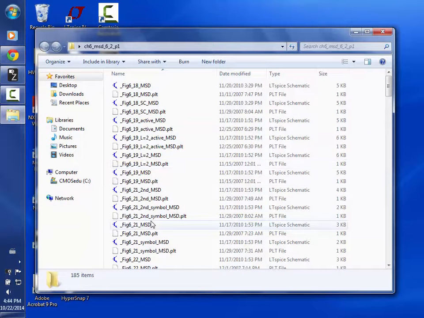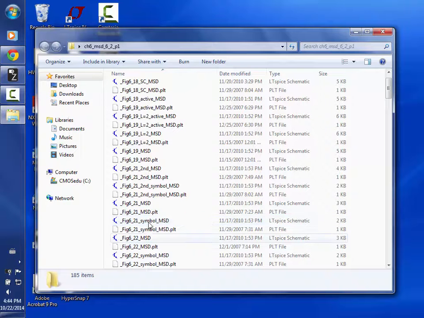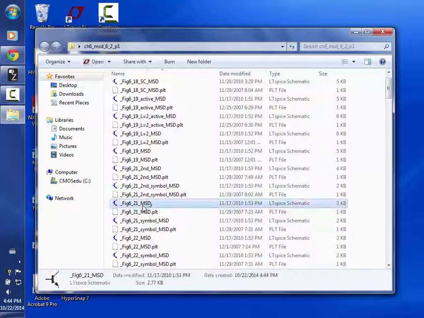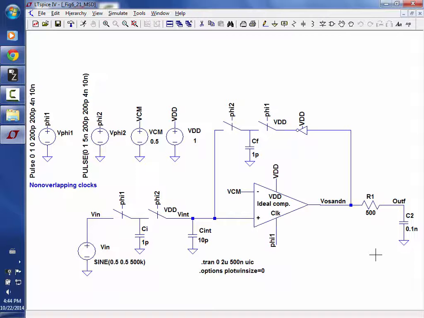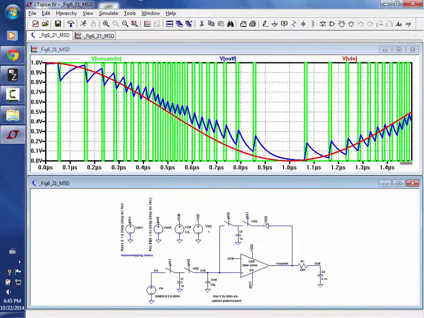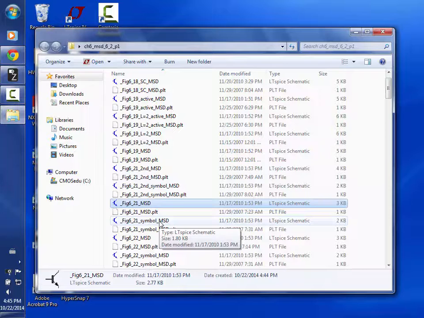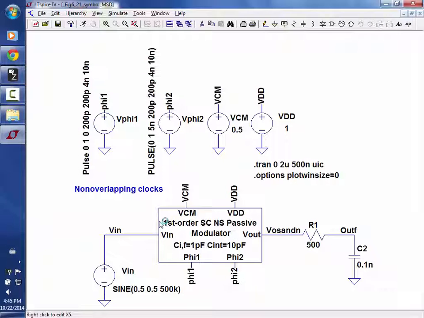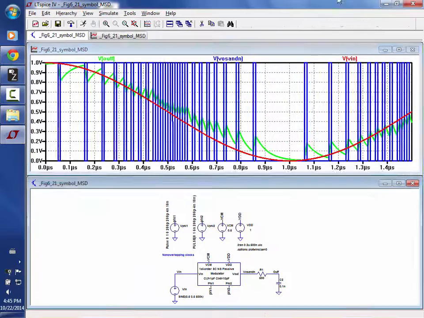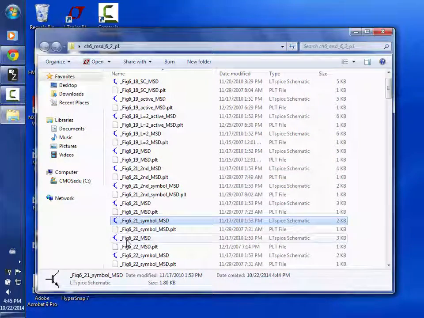I don't know which one I want. Okay, this one is the basic one, so it doesn't have a filter, it has the RC, so you can run it. Oh, that's a sine wave. Let's see if we have a ramp. 622.